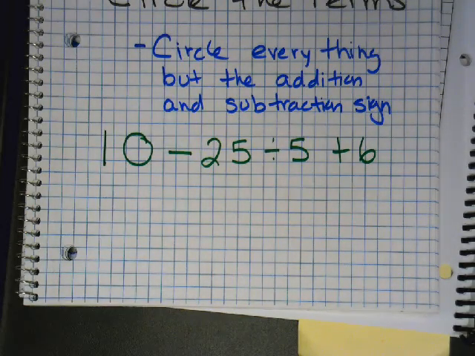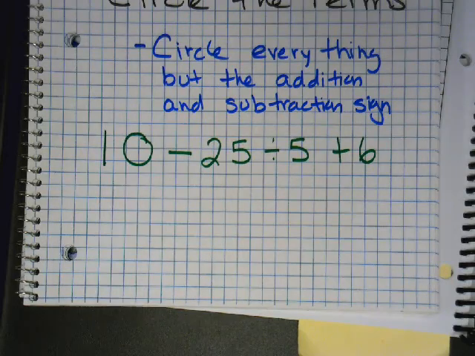The three of us are going to get three different answers, and only one of them is going to be correct. If Ruben subtracts first, he's going to get one answer. If Brianna divides, she's going to get a different answer. And if I add first, I'm going to get a different answer. Who's right? Well, Brianna.